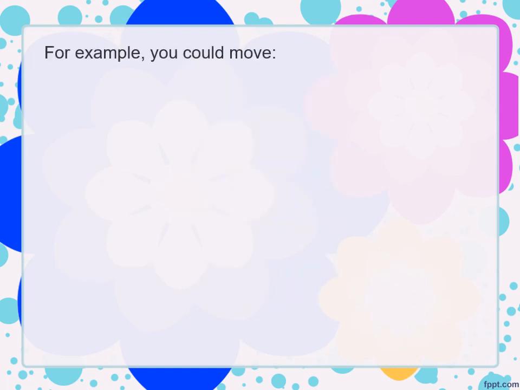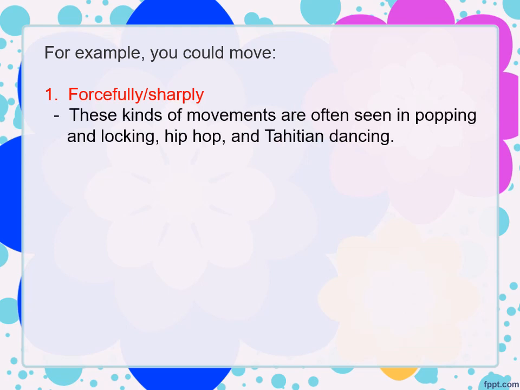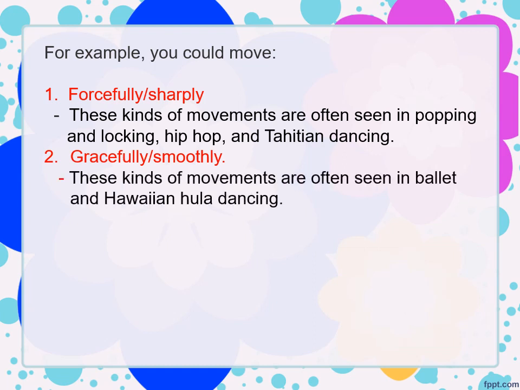For example, you could move forcefully or sharply. These kinds of movements are often seen in popping and locking, hip-hop, and Tahitian dancing. Gracefully or smoothly. These kinds of movements are often seen in ballet and Hawaiian hula dancing.